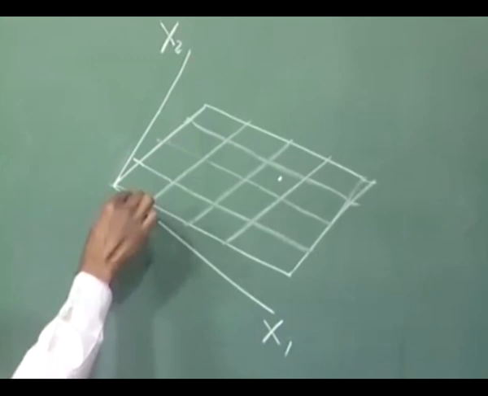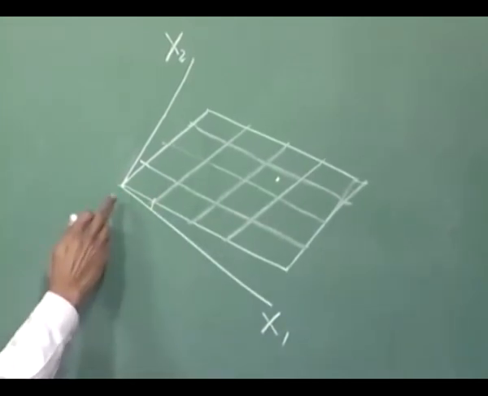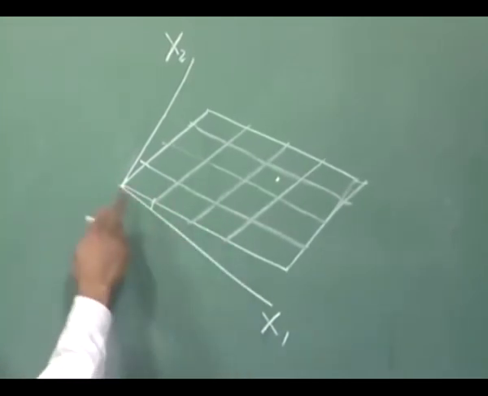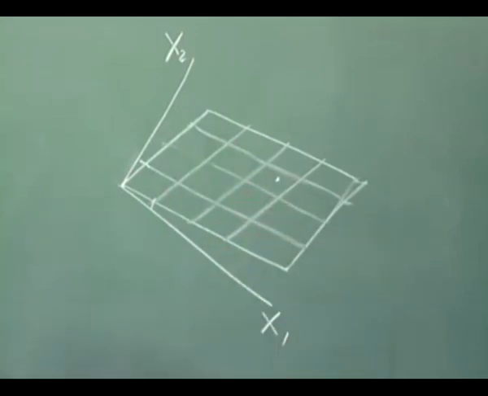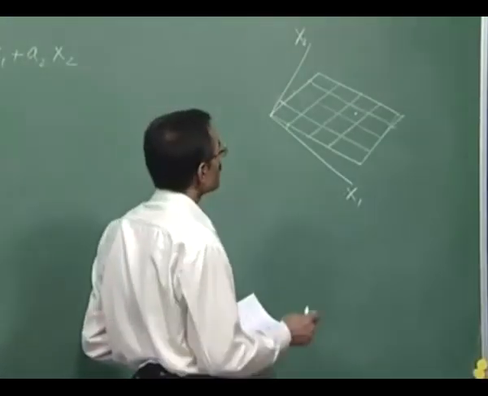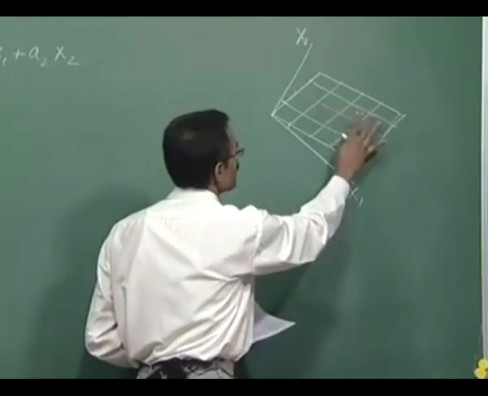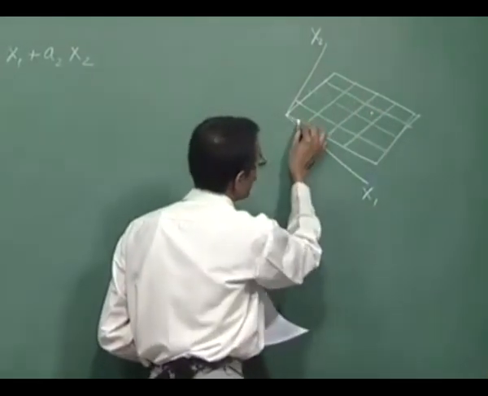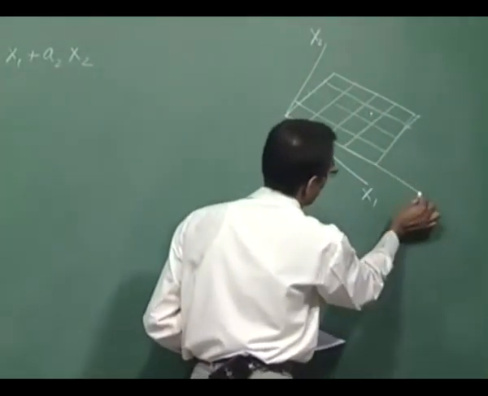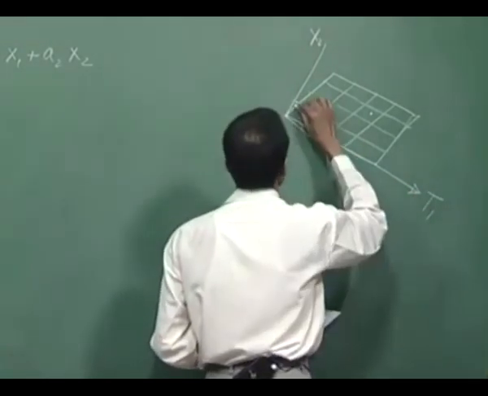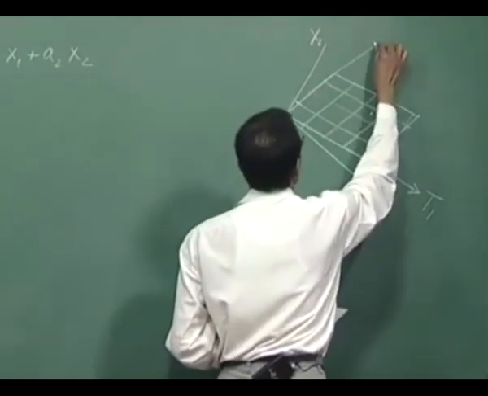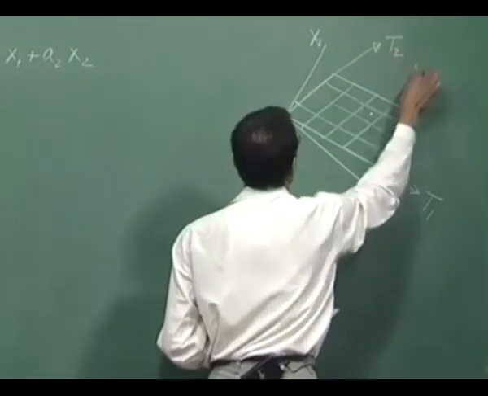Now, when we want to know how many steps along this edge and how many steps parallel to this edge will take us here, we are essentially asking for the coordinates of this point in the table system, and the table system has its axes like this and like this.